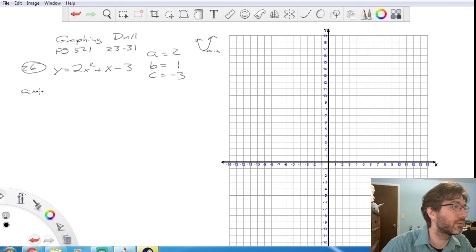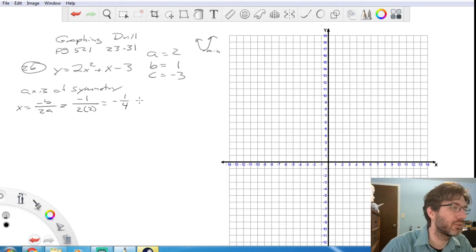Let's find our axis of symmetry. In that case, you're going to say x equals negative b over 2a. Same as always, negative b is going to be negative 1 here, 2 times a, which is 2, and you're going to get negative 1 over 4.